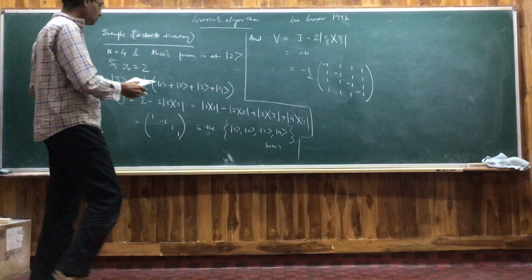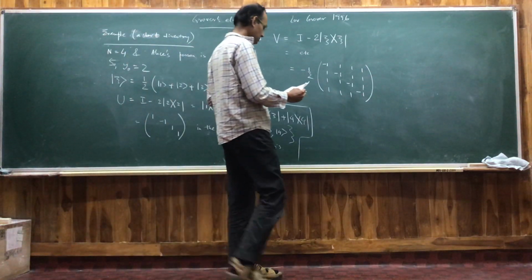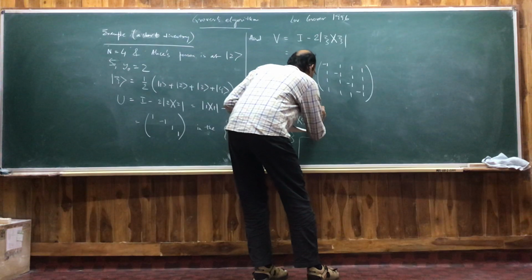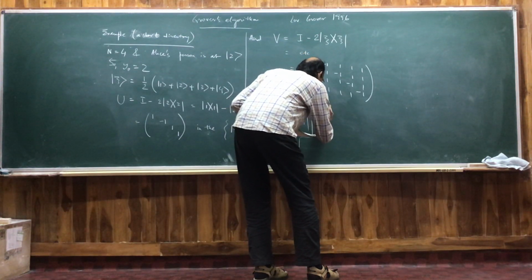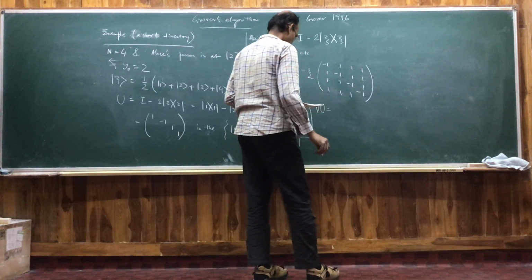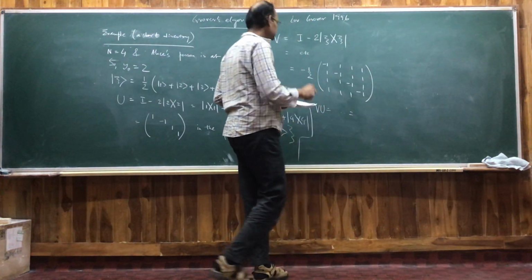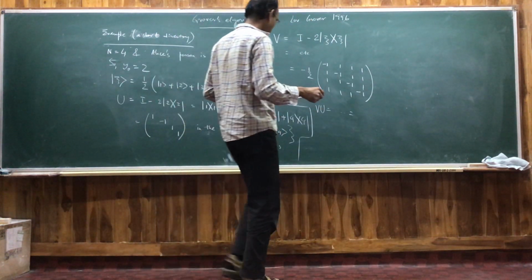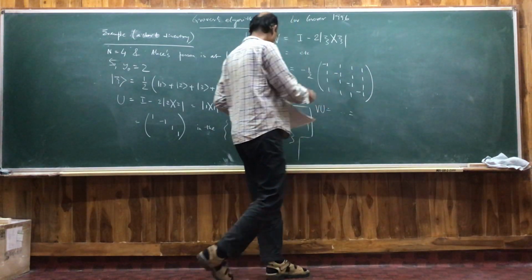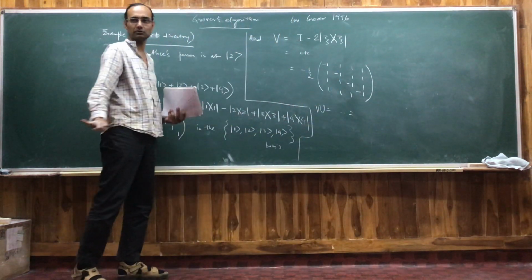And now if you multiply V and U, you have to multiply these two. This is still in the same basis, okay? Once we have chosen a basis, we don't change the basis.